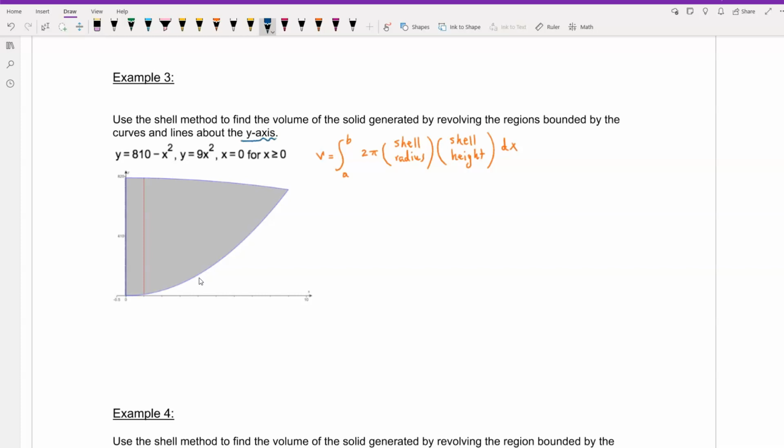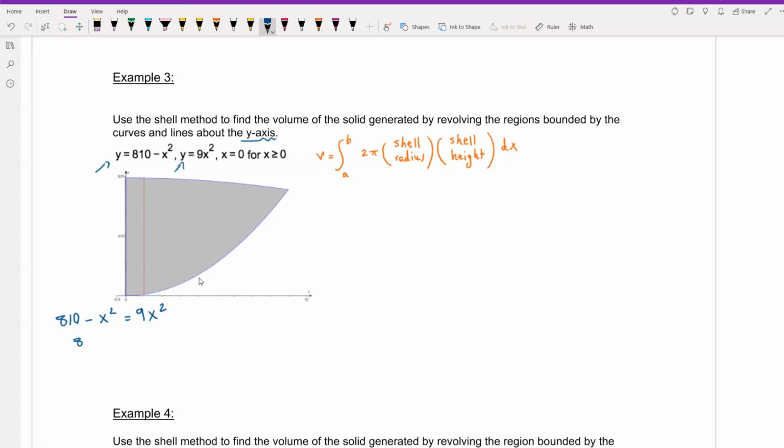First we have to solve 810 minus x squared equal to 9x squared. Based on what is given here, we have these two y's. So solve this equation for x to determine where the graphs of y equals 810 minus x squared and y equals 9x squared intersect.